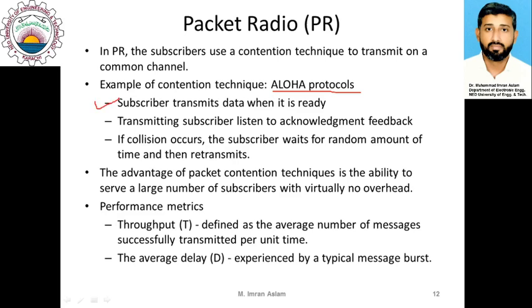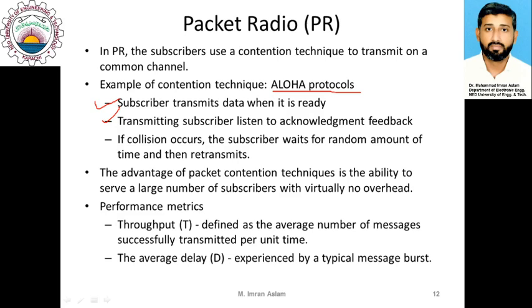First of all, the subscriber would transmit the data as soon as it is ready. As soon as the transmitter gets the data and it is ready for transmission, it will transmit it. After transmitting, the transmitter or user would wait for the acknowledgement. It will see if it gets the acknowledgement feedback from the receiver.